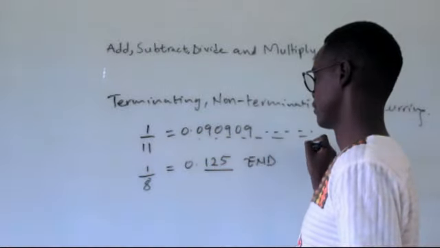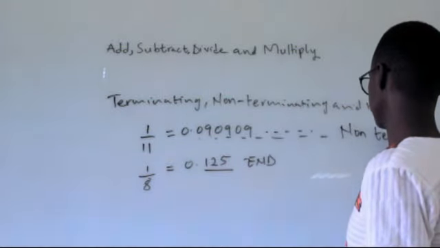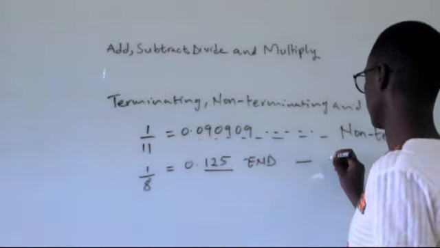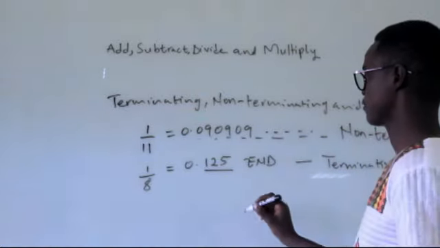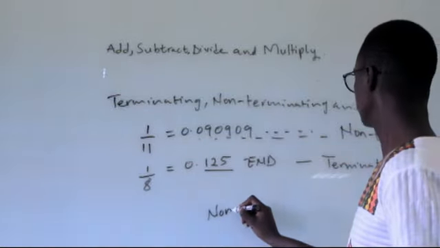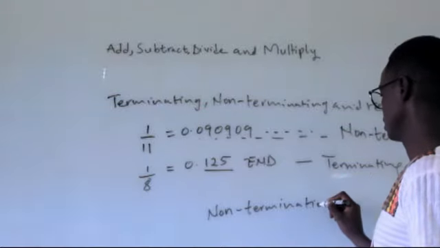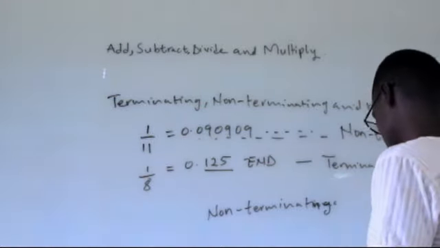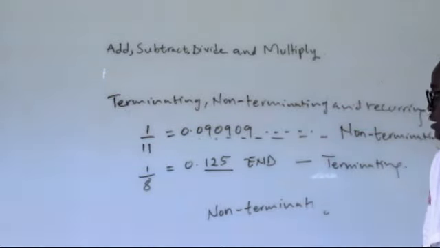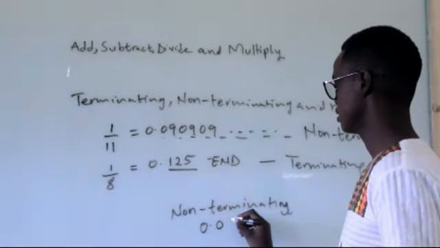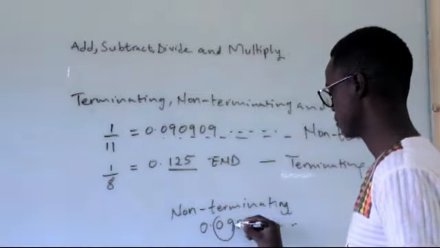0.09 is repeated over and over. So these ones, we call them non-terminating fractions. These ones are called terminating fractions. It should be noted that for the non-terminating fractions, because the number keeps on repeating itself, in this example 0.0909 etc., this value 090909 keeps on repeating itself.